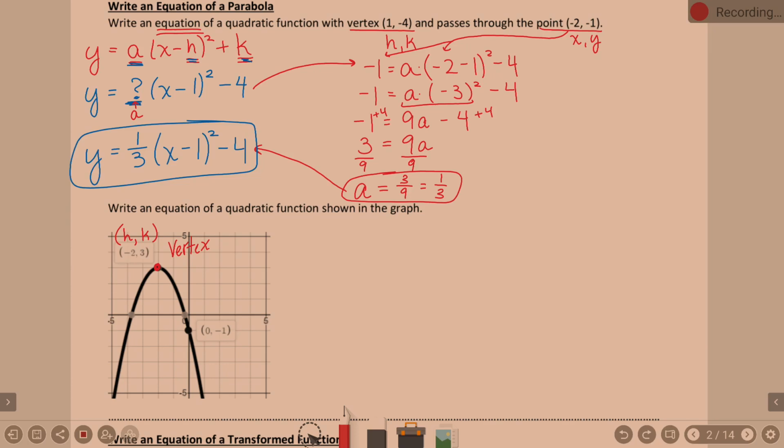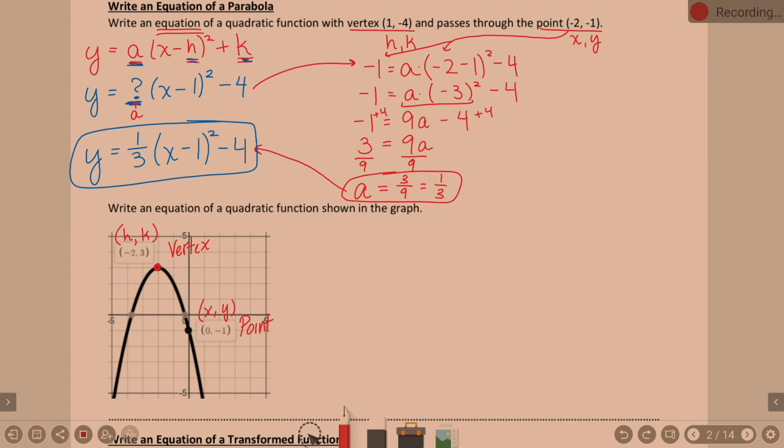What about that other point they gave me? It's just a random xy, but they gave me an xy, didn't they? So they gave me a vertex, and they gave me another point. Isn't that what they gave me up here on the last problem? A vertex and a point.